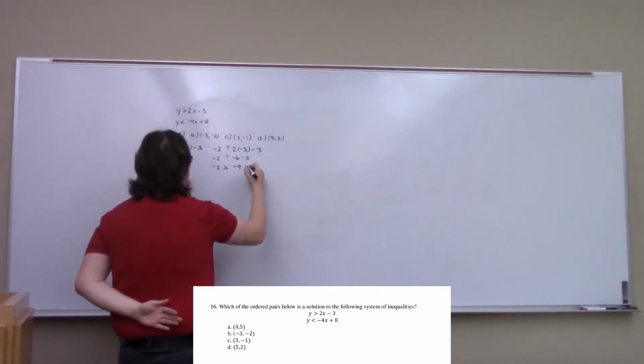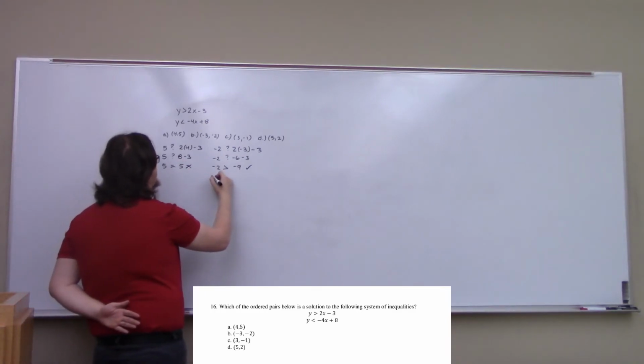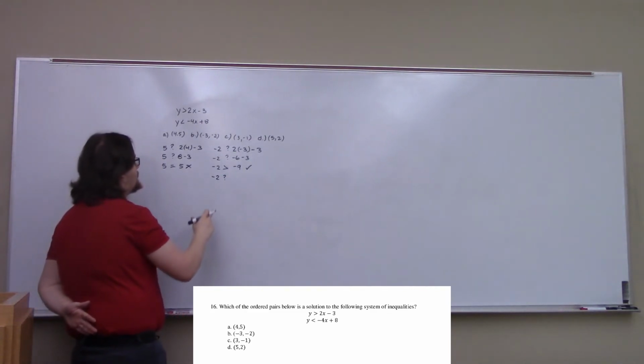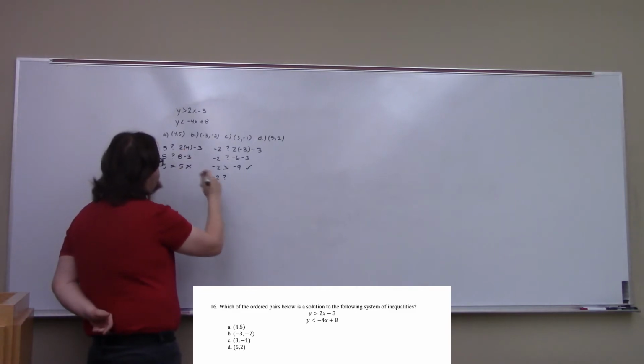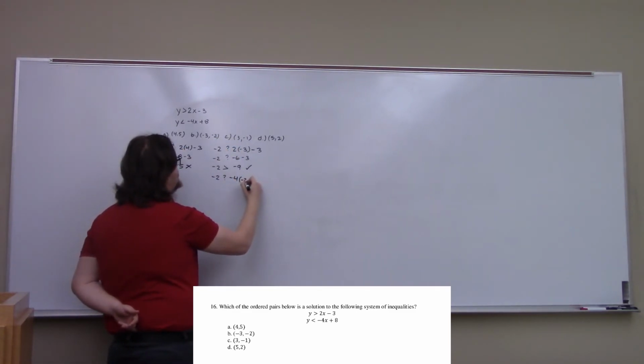Now we need to check it against the second equation. If we plug in, again, our negative 2 on the left side, and we don't know how it's going to be equal to or less than, greater than, so we'll use a question mark, and then negative 4 times negative 3 plus 8.